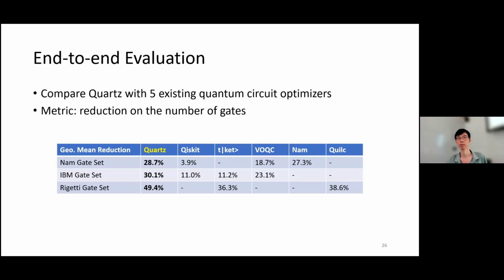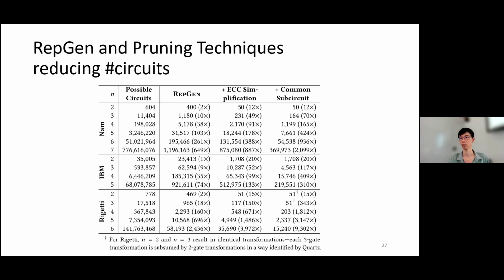How many ECC classes are you considering? For example, this kind of reference. Yeah, it's just here. What we use is n equals 6 for the Nam gate set. First we can see that the generation and the pruning techniques reduce the number of circuits by many orders of magnitude, and for the Nam gate set with n equals 6, you can see that there are 54,000 circuits at the end.